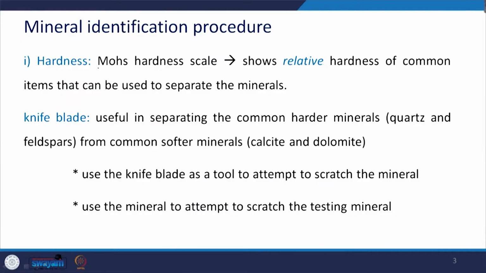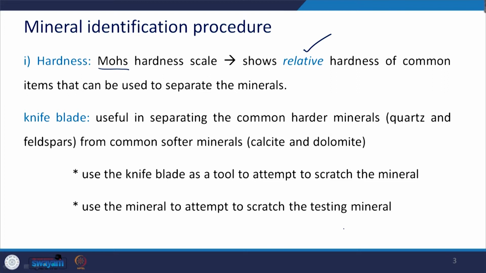So first we will discuss how, on the basis of hardness, one mineral is different than the other. For this there is a scale available to us which is called the Mohs hardness scale. Please keep in mind that it shows the relative hardness of common items which can be used to separate one mineral from the other.